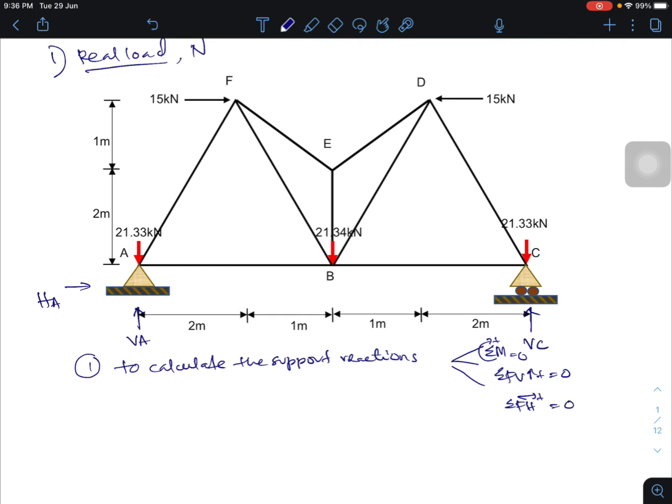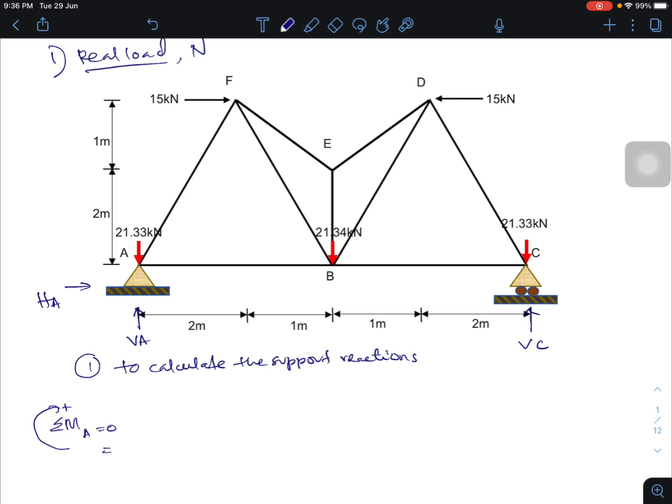For the first calculation, we use the moment equilibrium equation, or we take moment at A equal to 0.